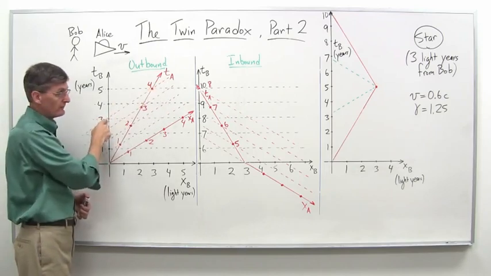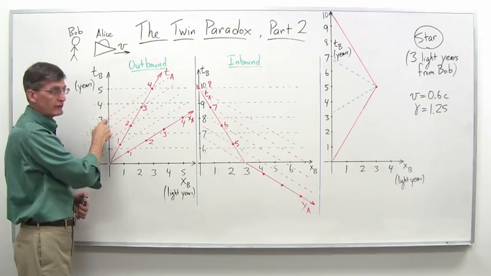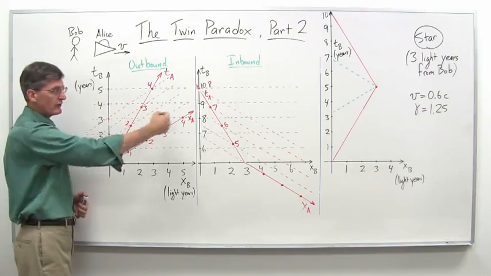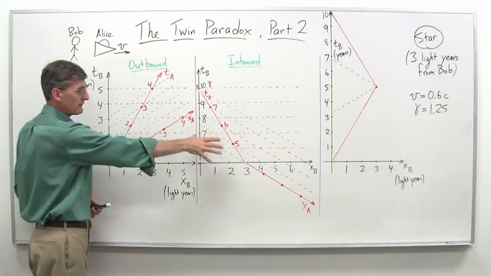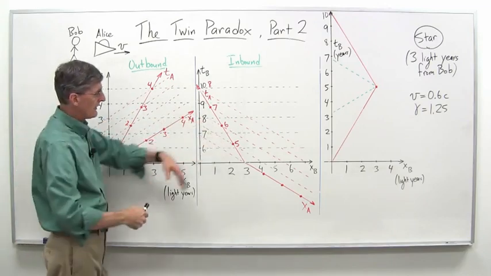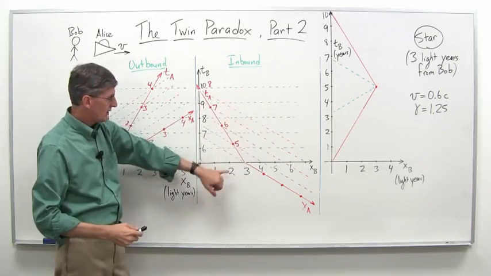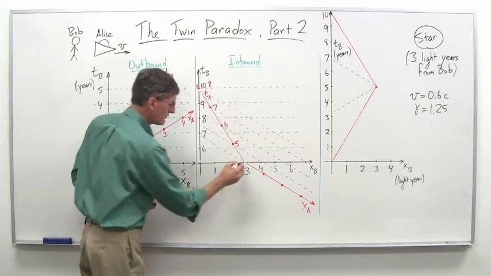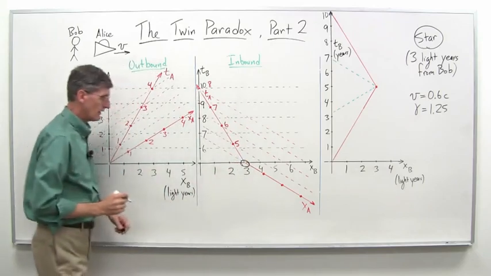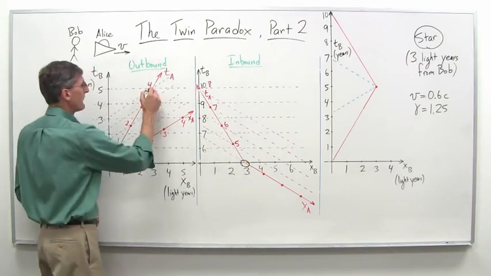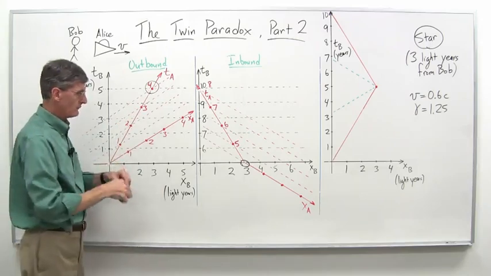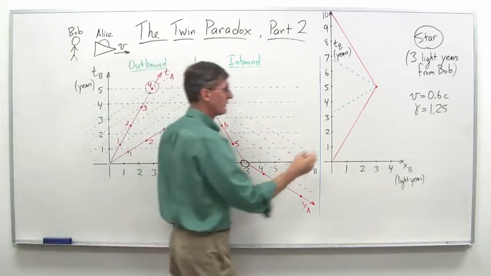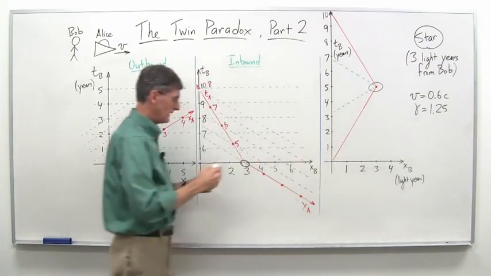So it points there. As soon as she turns around and starts going the other direction, her frame of reference changes, her lines of simultaneity change, and note that here's where she is. She's at the planet right there. So this point and this point are really the same if we combine the diagrams.